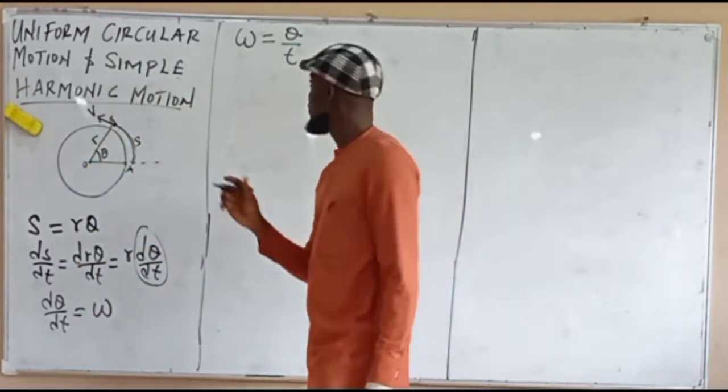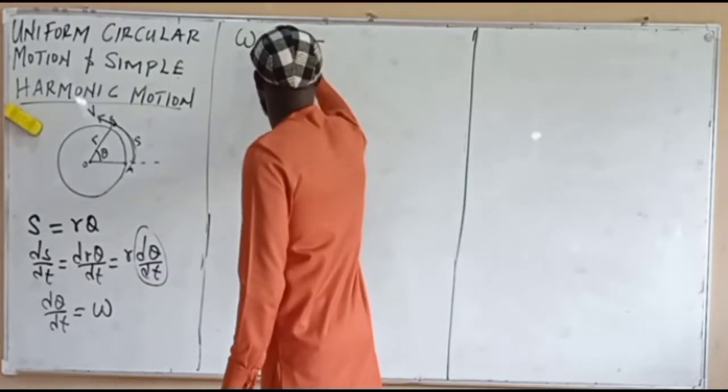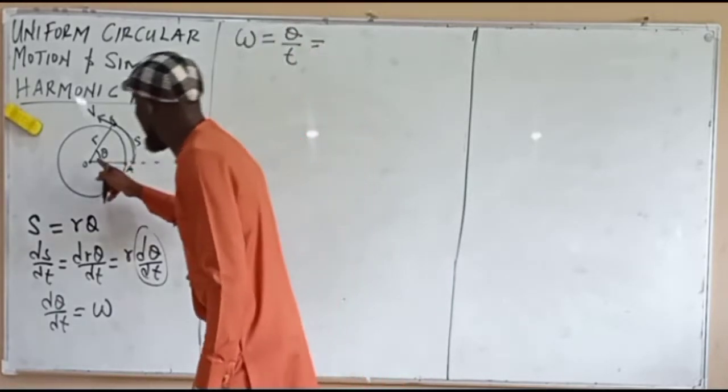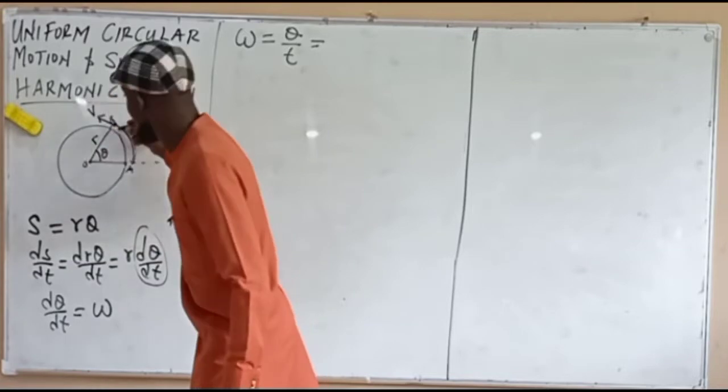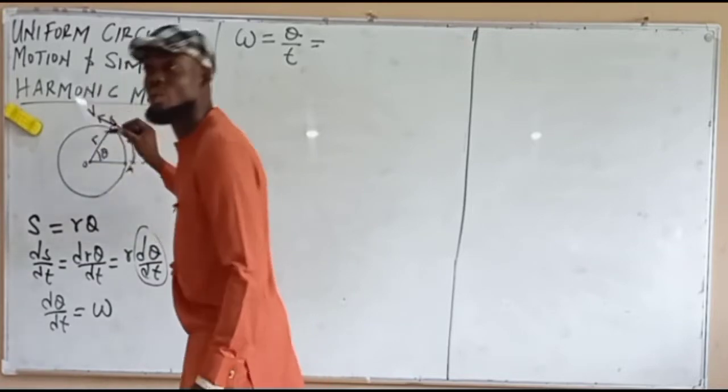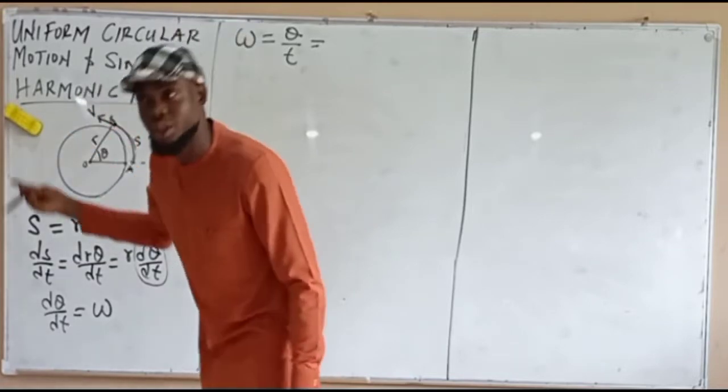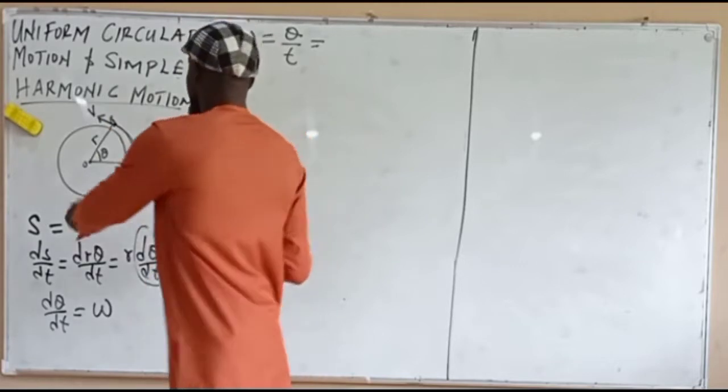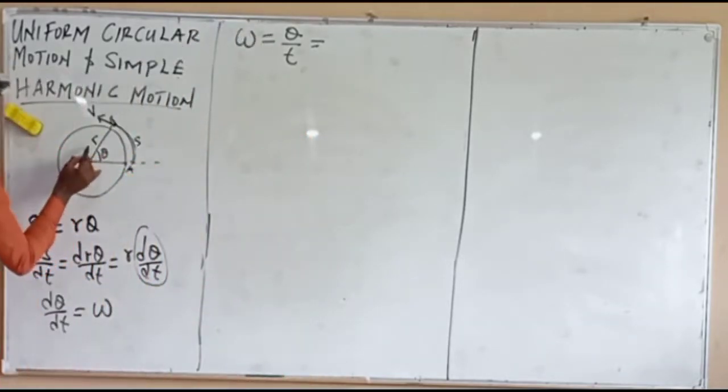Now, if this angular displacement takes a full cycle, that is, one complete oscillation, starting from here and moving round to this point again, then theta will be 360 degrees.